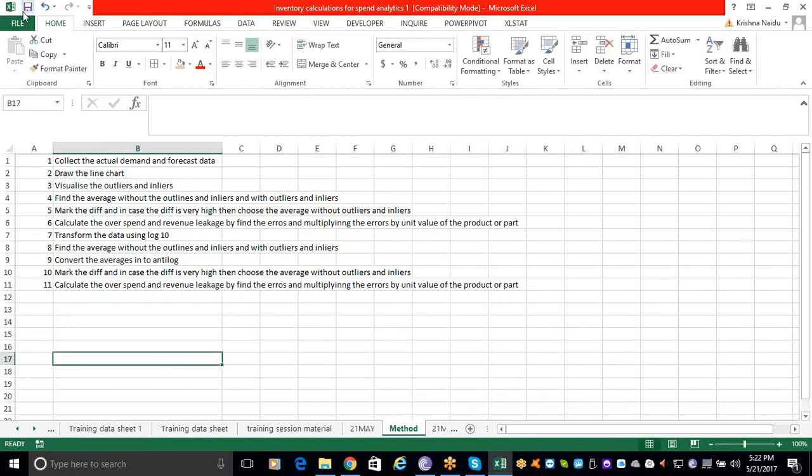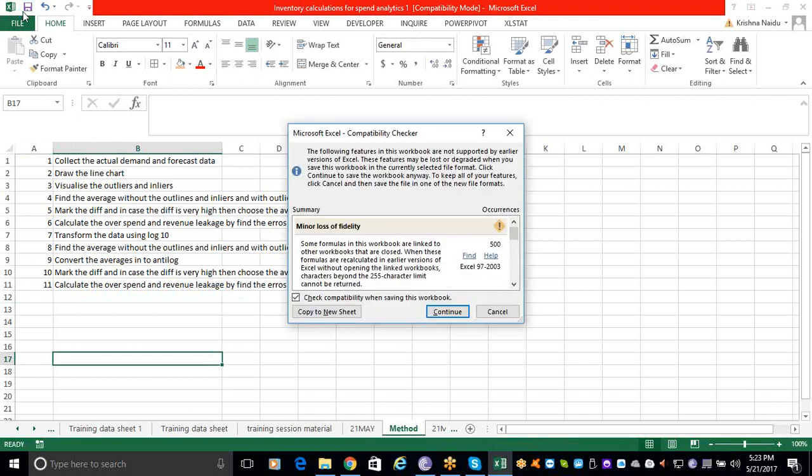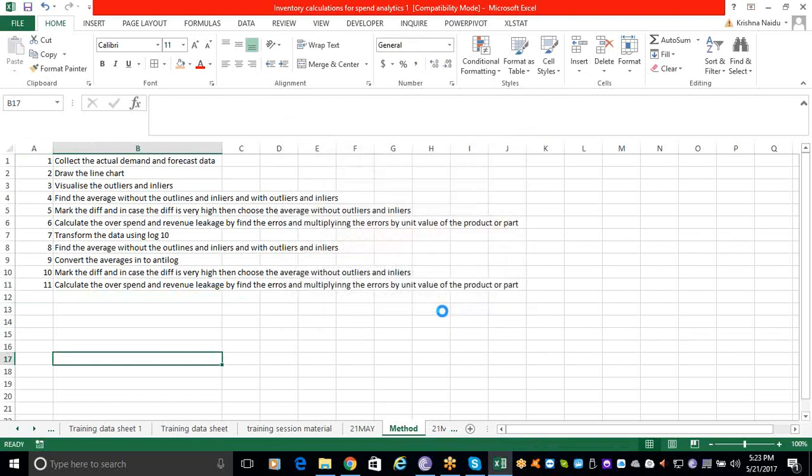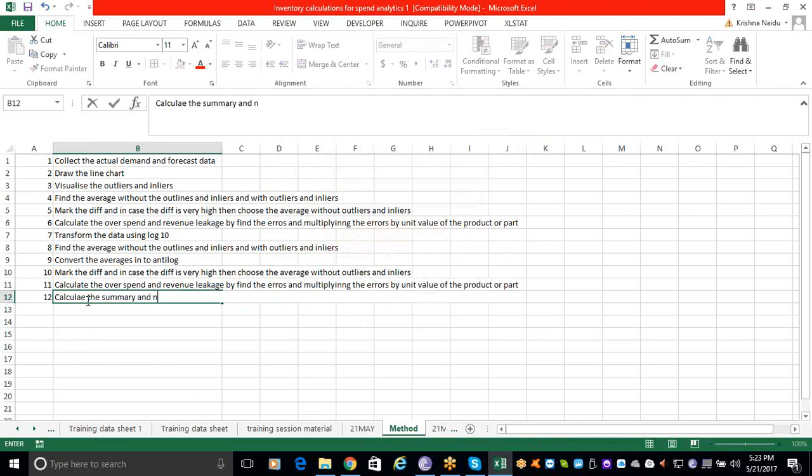This is the way we have to calculate. Okay. If you choose more and more transformation methods, every time you have to do the calculations, and finally at the end of the project, you need to calculate the summary and note the improvements generated out of the transformations.